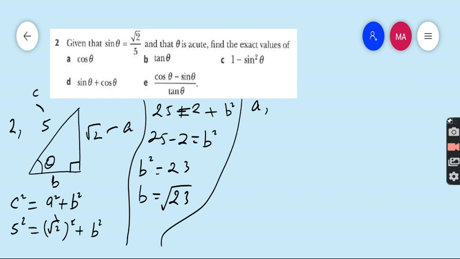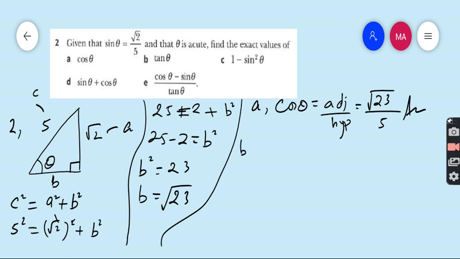Part A is cos theta. Cos theta is adjacent upon hypotenuse. What is the adjacent of theta? B. We have found root 23, and the hypotenuse is 5. So root 23 upon 5 is our final answer. Part B, tan theta. Tan theta is opposite upon adjacent.